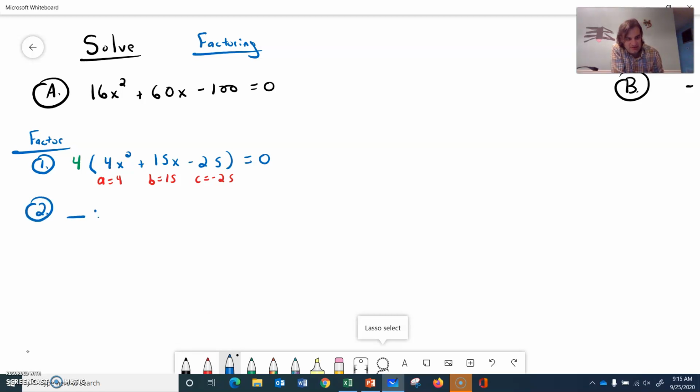So I'm going to set up two factors, which will look like two numbers multiplied together that give me negative 100, 4 times negative 25, and add up to be 15. So I believe those two numbers are actually 20 and negative 5.